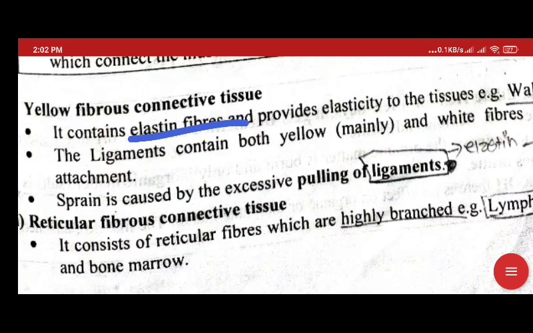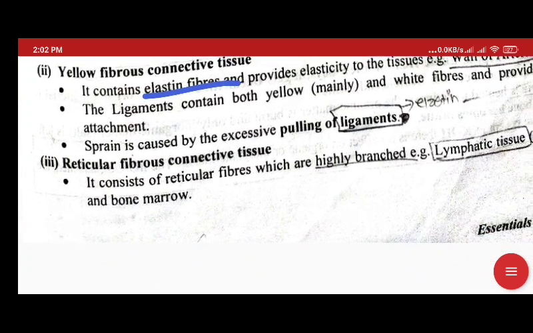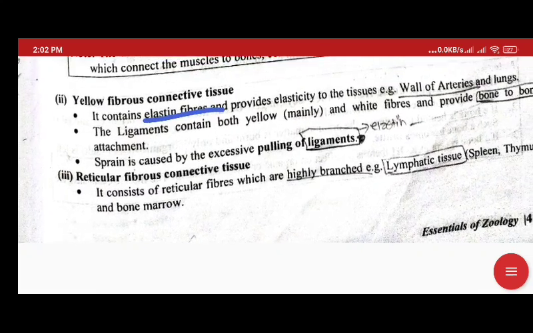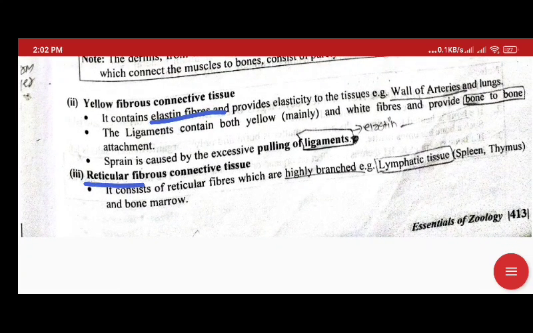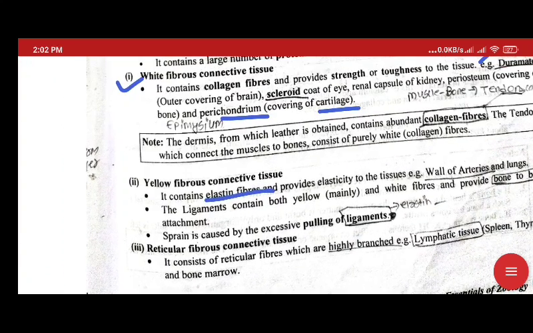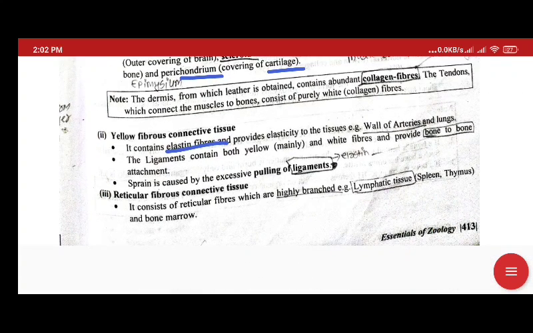We also have reticular fibrous connective tissue. This is the smallest, and we can say it is also part of the white fibrous connective tissue.